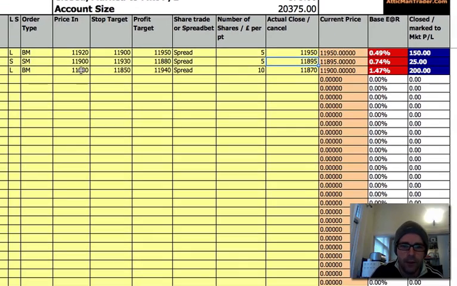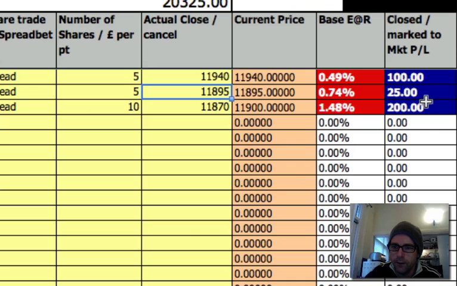Let's say, for example, let's look at that first trade in a bit more detail, and let's assume that I came out at 11940. I want you to take a look at this P&L figure here. You can see that that automatically changes dependent on the price which the position was closed at. So that's really the basics of entering a trade.